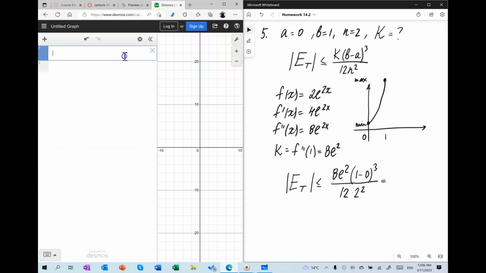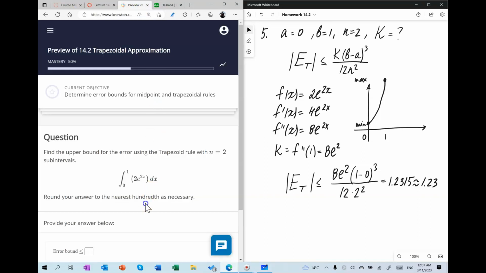So it's going to be 8e squared, 1 minus 0 cubed, which is just 1, 12 times 2 squared. So it looks like the error is 1.2315, which if we have to round to 2 decimal places is only 1.23.